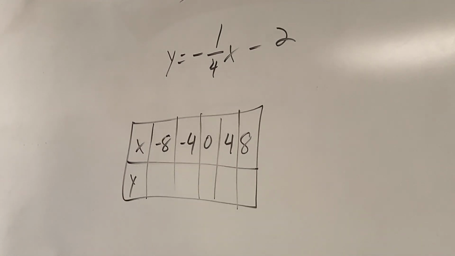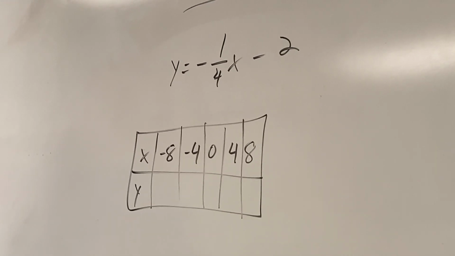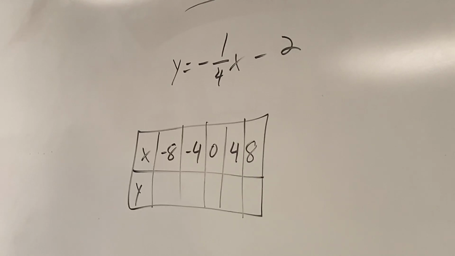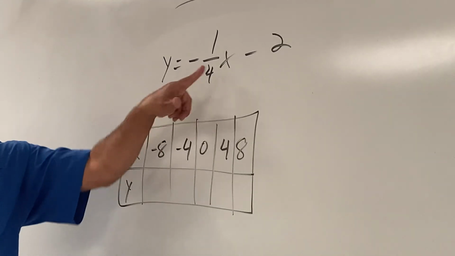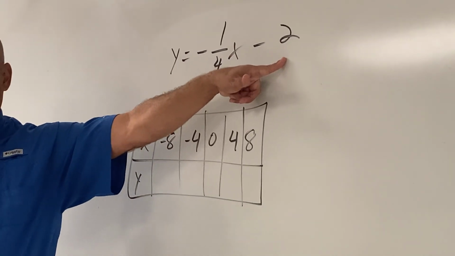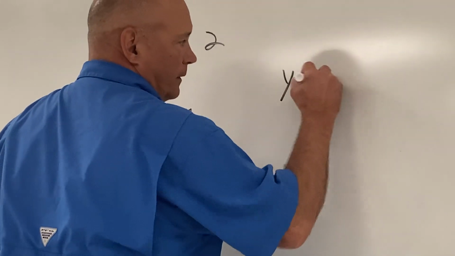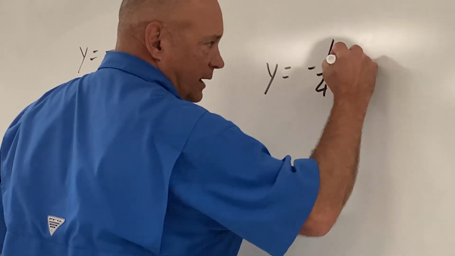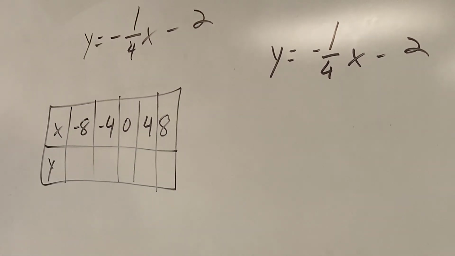Y is -1/4 times x, and then we're going to subtract 2, is what this equation tells us to do. So, -1/4 times x minus 2.